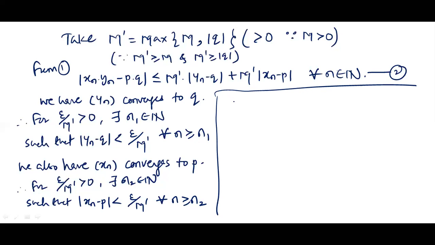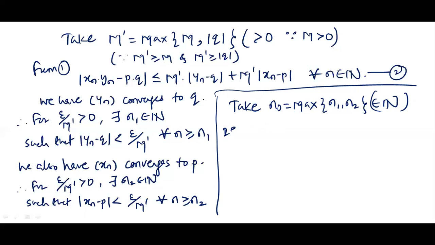Now we take n naught is equal to maximum among n1 and n2. Since n1 n2 are natural numbers, their maximum is also a natural number.